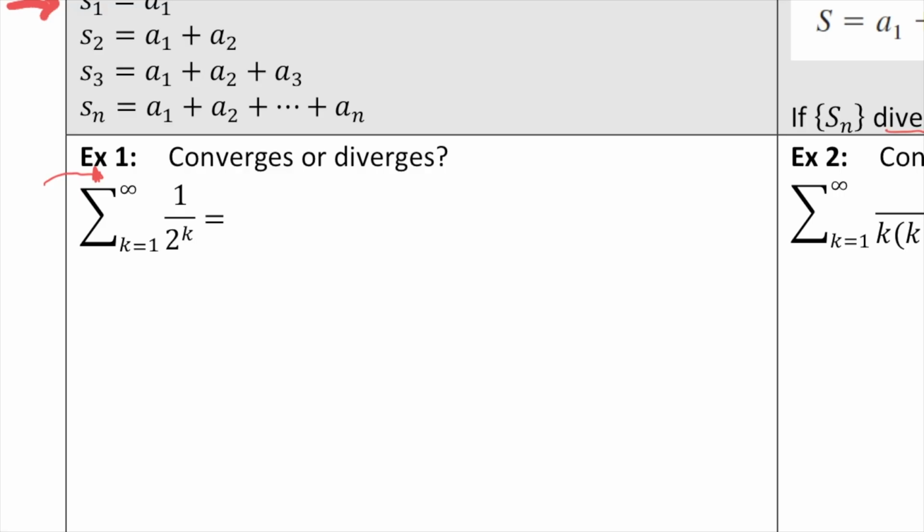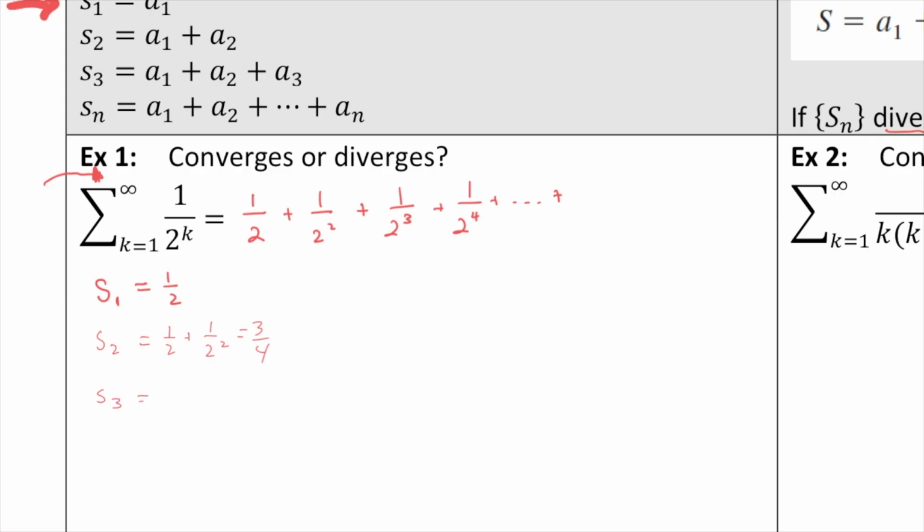Let's write out a few terms. So our sequence of sums, S1 is going to be equal to 1/2. S2 is going to be 1/2 plus 1 over 2 squared, and that is 3/4.